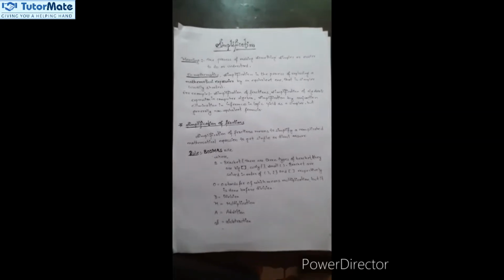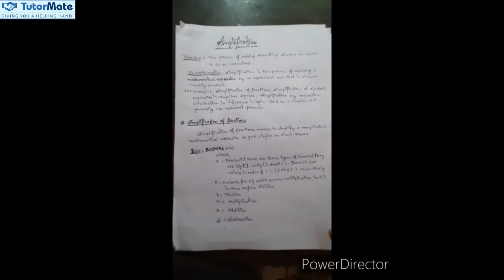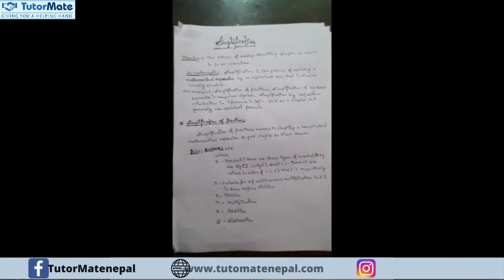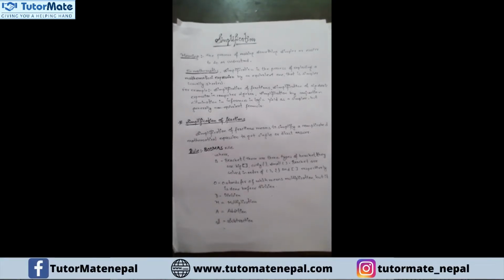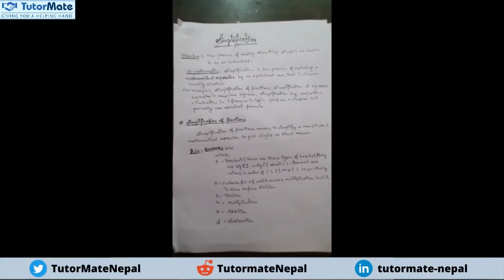For example, simplification of a fraction, simplification of an algebraic expression in a computer algebra, simplification by conjunction elimination in inference in a logical field as a simpler but generally non-equivalent formula. So this is the meaning of simplification.